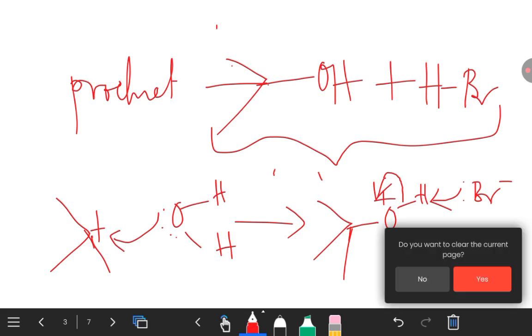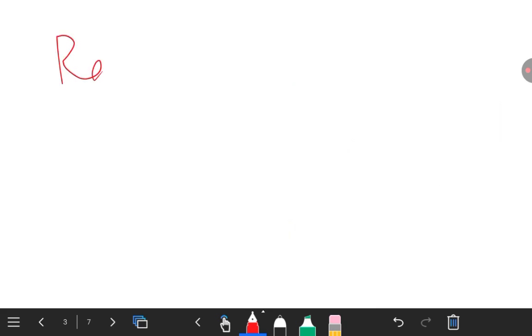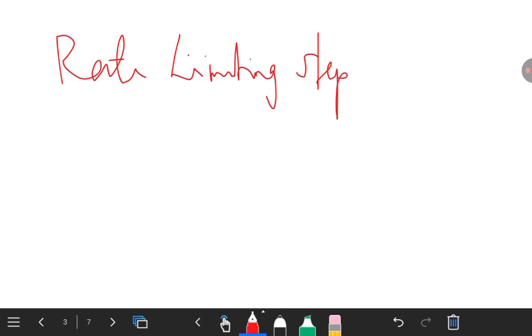So the rate limiting step is this step where the bond between the carbon and the bromine is breaking.